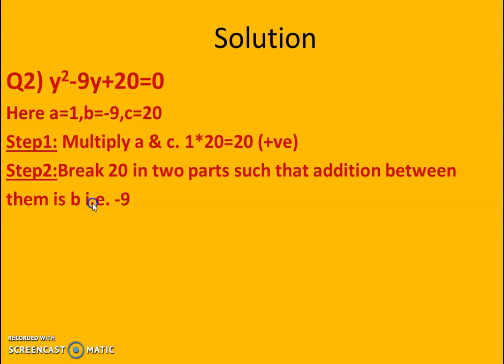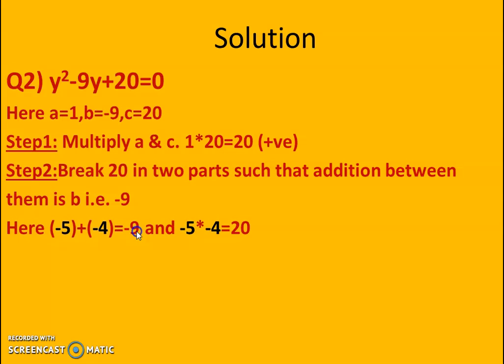So we can divide 20 into two parts, minus 5 and minus 4, because when we multiply minus 4 and minus 5 we get 20, and when we add minus 5 and minus 4 it gives minus 9.